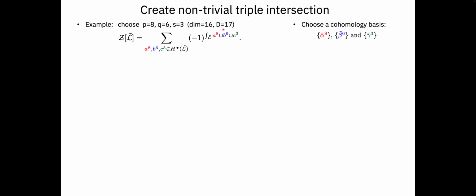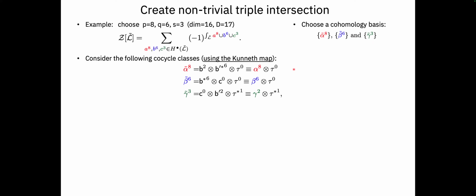So this is the example we study. And we consider a cohomology basis of these cocycles called alpha, beta, and gamma. And in this talk, we use the tilde notation to denote the basis in the space-time, while those without tilde correspond to the basis in the space.